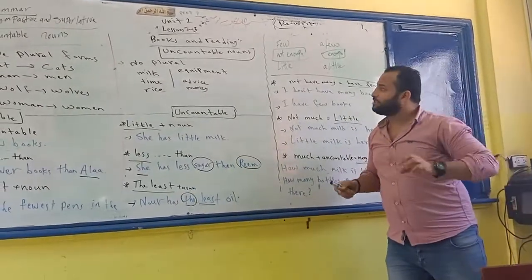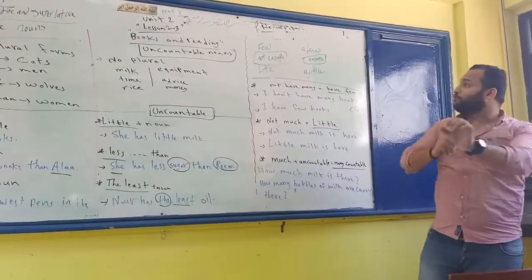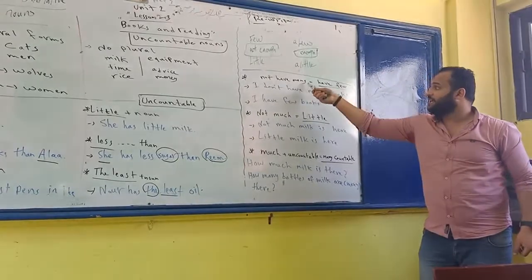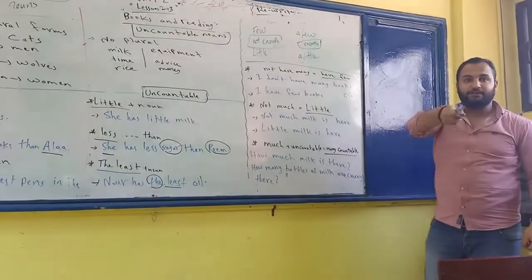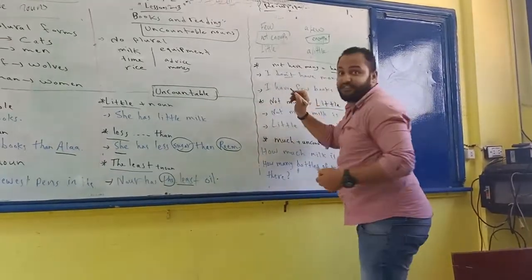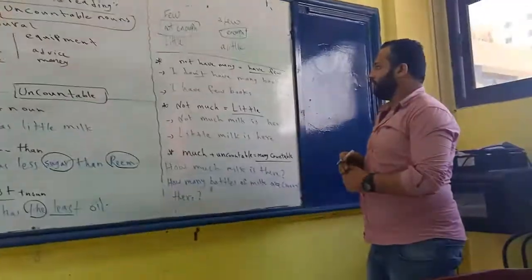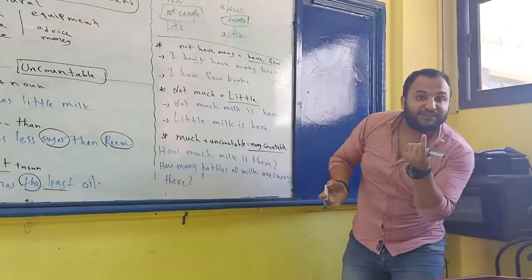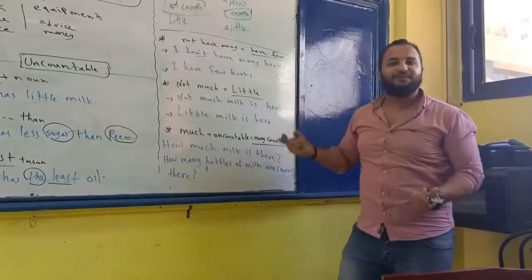After that, there are some general rules you have to focus on. Not have many equals have few. For example, I don't have many books. Use few. I don't have many, so I have few books.